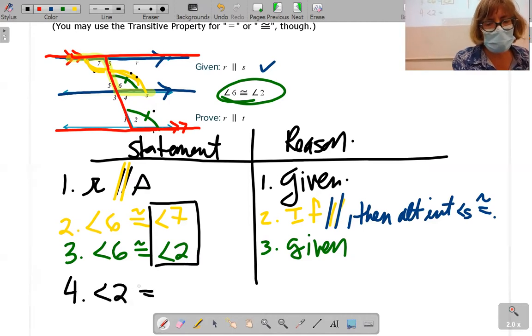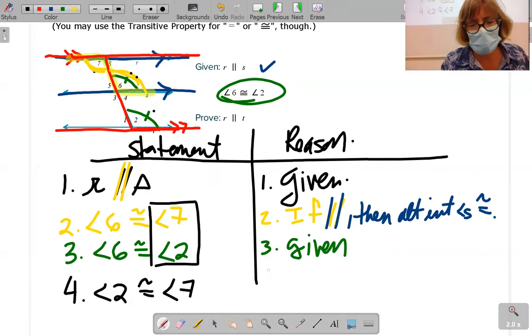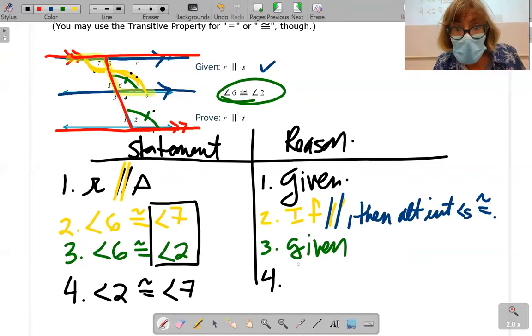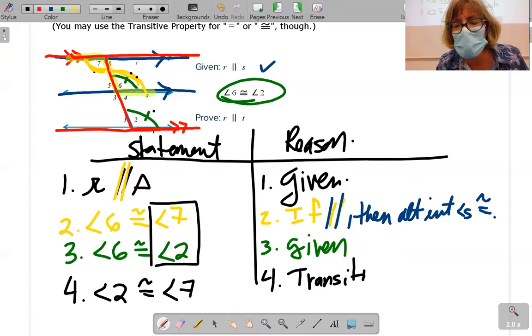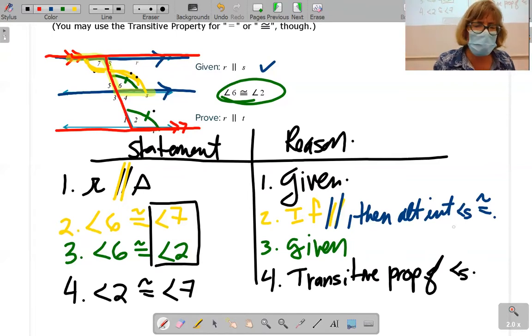Angle 2 is congruent to angle 7. And the reason there is the transitive property of angles. I think it might just say transitive property. You transfer congruency. 2 goes to 6, 6 goes to 7, therefore 2 and 7 connect. That's called the transitive property.